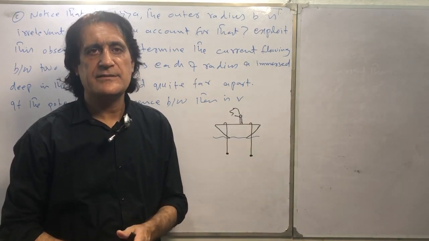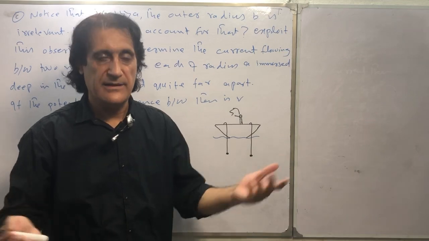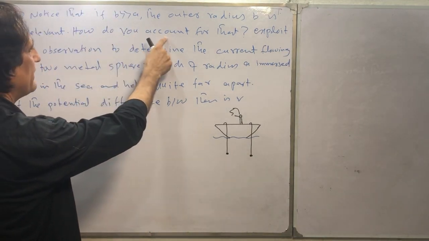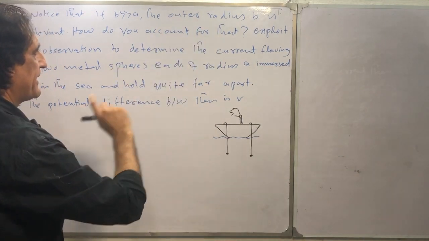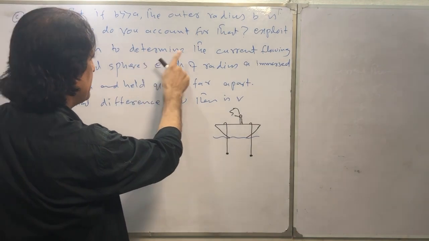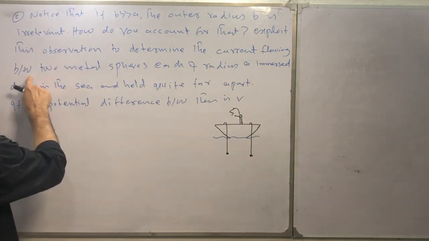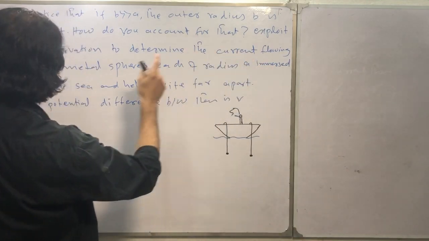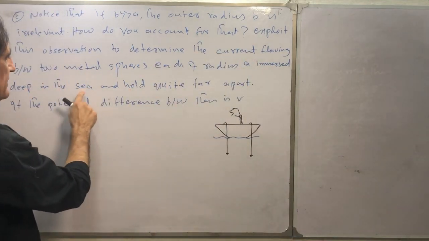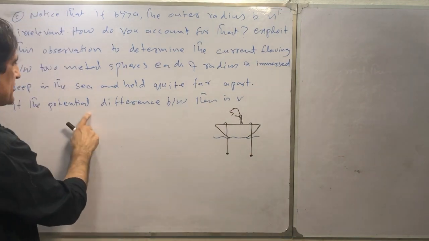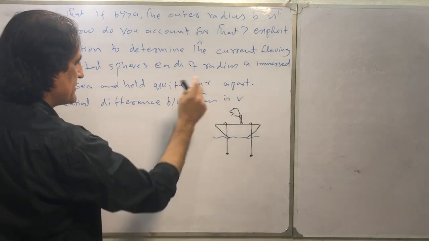How do you account for that? Exploit this observation to determine the current flowing between two metal spheres, each of radius A, immersed deep in the sea and held quite far apart, if the potential difference between them is V.